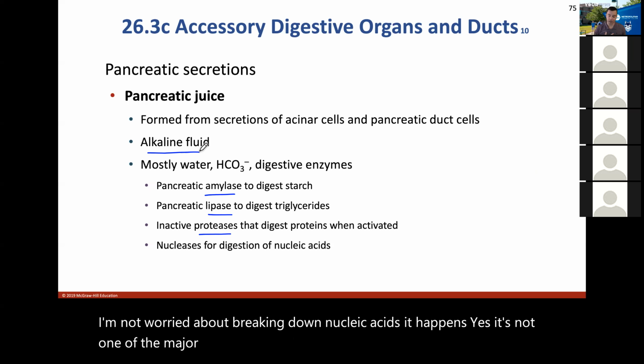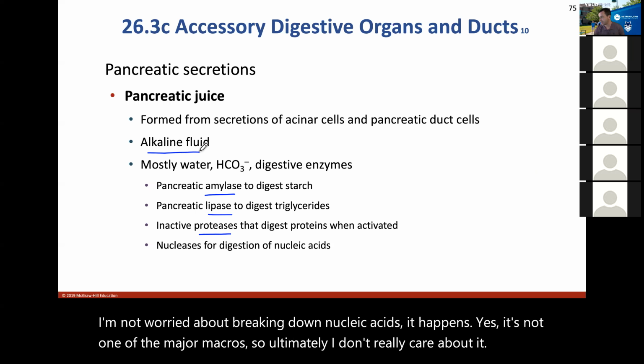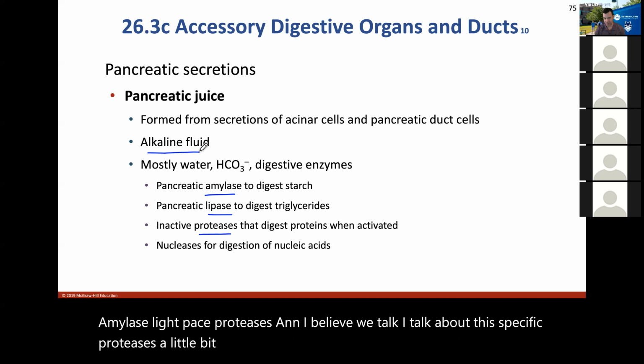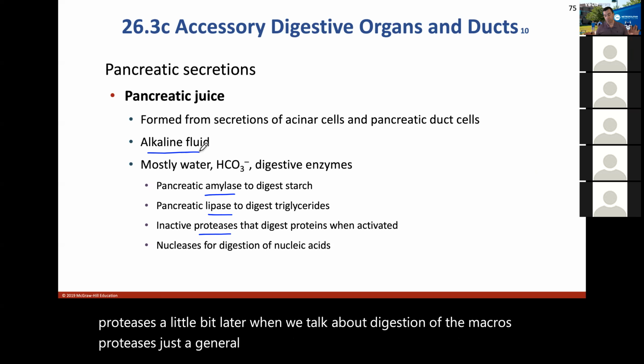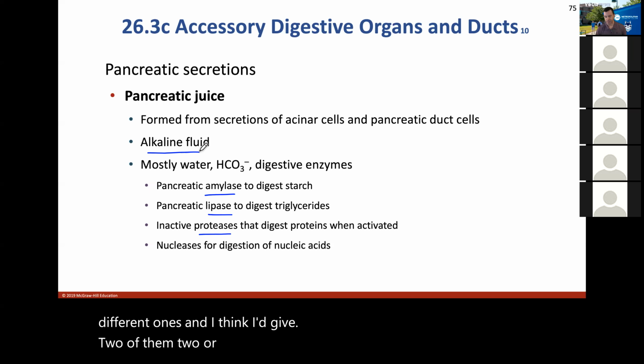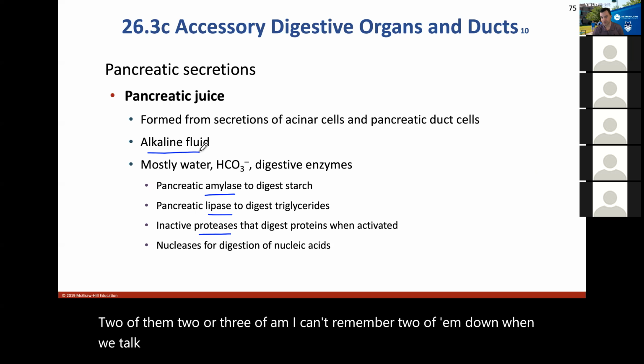So ultimately, I don't really care about it. Amylase, lipase, proteases. And I believe I talk about the specific proteases a little bit later when we talk about digestion of the macros. Proteases is just a general catch-all term. There are a multitude of various different ones. And I think I give two or three of them. I can't remember, two of them down when we talk about the digestion of the macros of proteins.